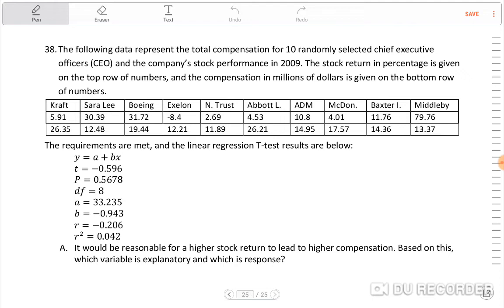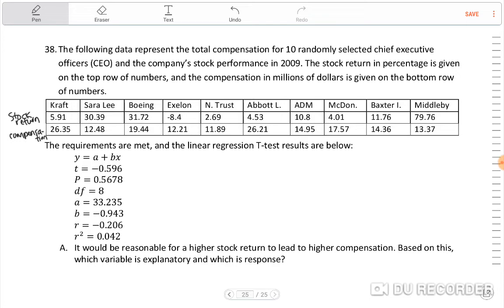Now, what do we say? This is stock return, and this is compensation. Okay, compensation, there we go. So it would be reasonable for a higher stock return to lead to a higher compensation.